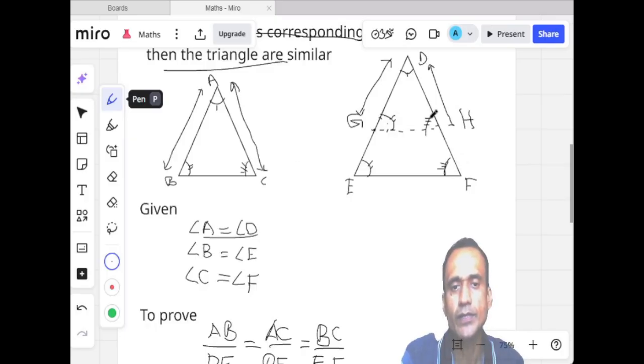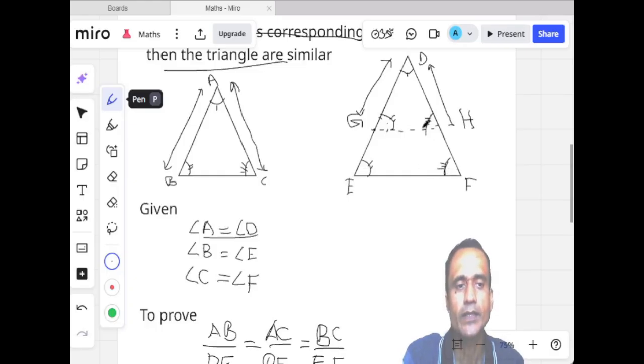And C is equal to H. This we have proved by proving that triangle ABC is congruent to DGH. So we get this angle is equal to this angle. But what do you see? This is a line and this is a transversal, and the corresponding angles are equal. That means this line is parallel to this line.